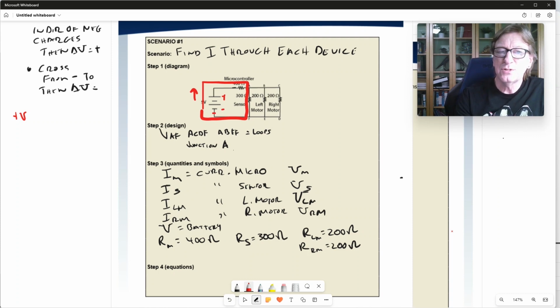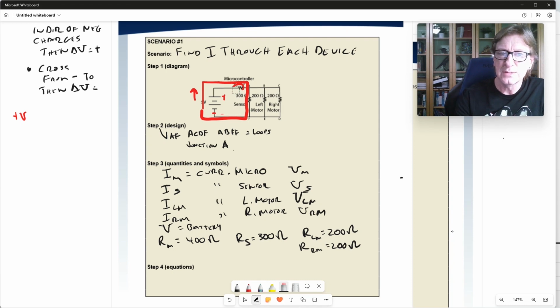So I'm crossing it in the opposite direction. Let's see if that makes sense. I'm going opposite the direction. So I'm going, this is actually with the current, right? Because that's the direction the positive charges would move. If I had gone in the negative direction this way, then moving across this resistor would have a positive voltage. But I'm going in the opposite direction. I want to give you practice.